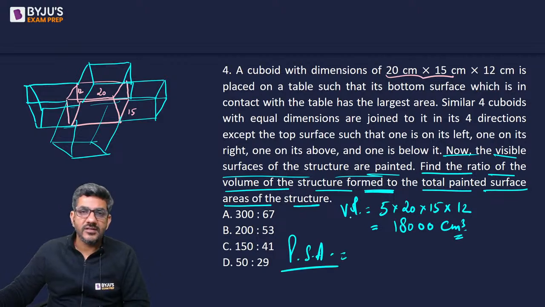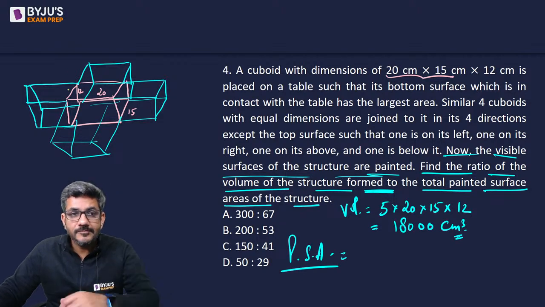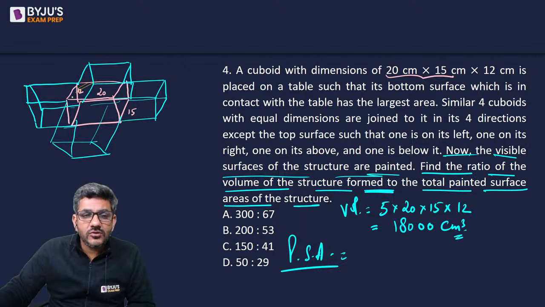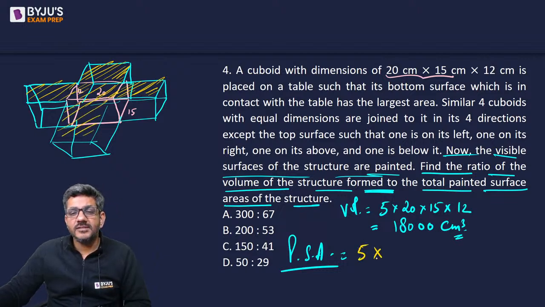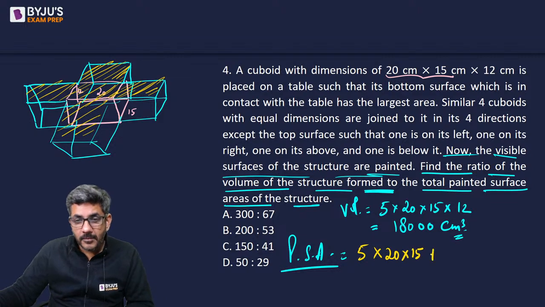First of all, can I say this top surface is equal to 20 into 15? Similarly, this top surface will be 20 into 15, and this one too. So there are 5 surfaces of 20 into 15, plus.